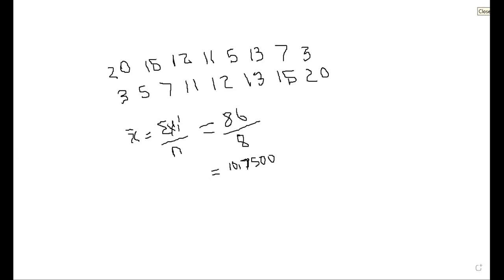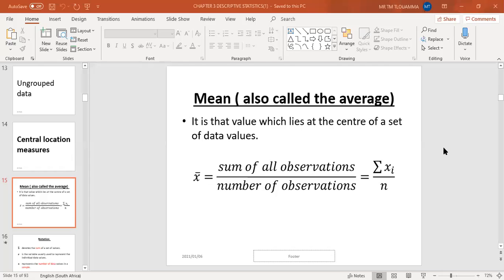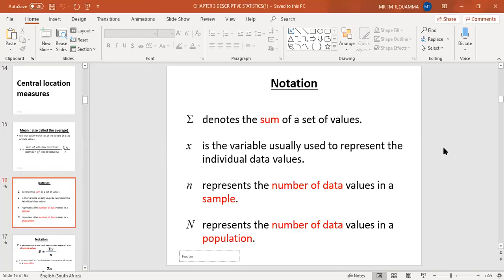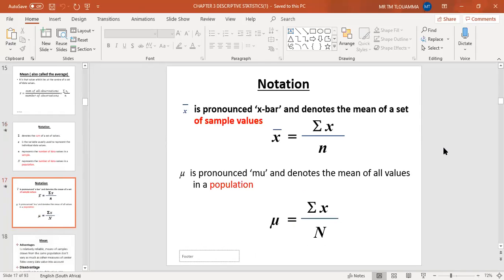So I hope you all understand. Meaning now we managed to calculate the mean. So now everyone follows the concept of calculating a mean.